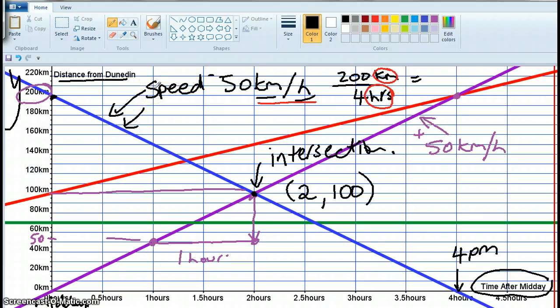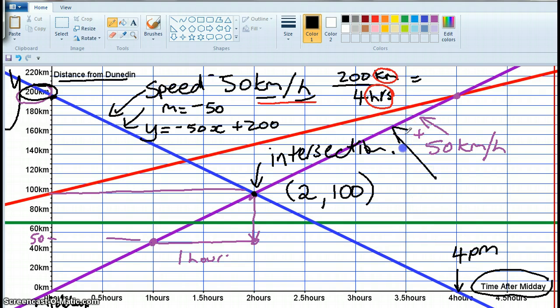If we go y equals mx plus c, what's m? Gradient, same as speed. M is negative 50. Y equals negative 50x plus y-intercept 200. Okay? Equation of this line. Y equals, oh sorry, that's the same line, different place.